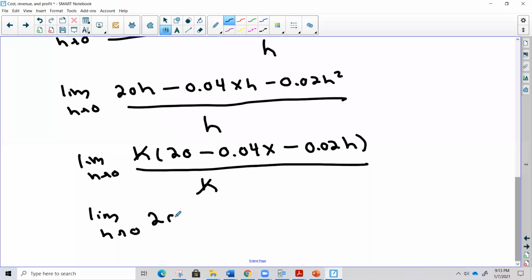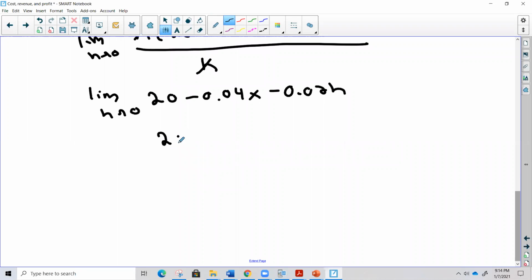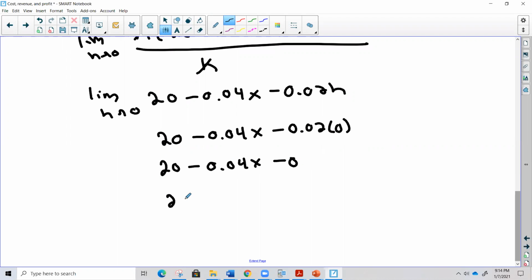And now I no longer have h in the denominator, so I can plug in 0 for h. When I do that, I no longer need the limit sign. So I'm not going to write it on this step because I'm actually doing that operation. And so that results in 20 minus 0.04x minus 0. So I get 20 minus 0.04x. Okay, so this is my r prime of x, my derivative or my instantaneous rate of change.